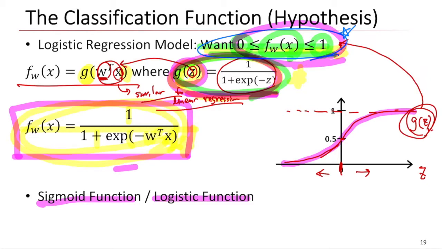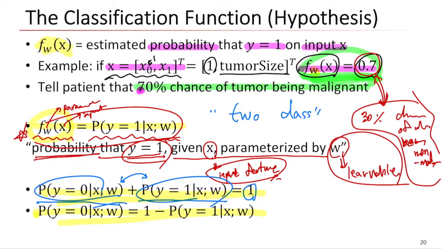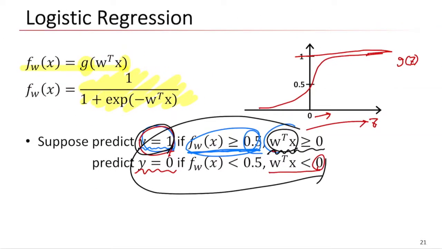We call this function a sigmoid function or logistic function. The output of this mapping function is going to be the probability that y is equal to 1 given input x, parameterized by the parameter w, okay?